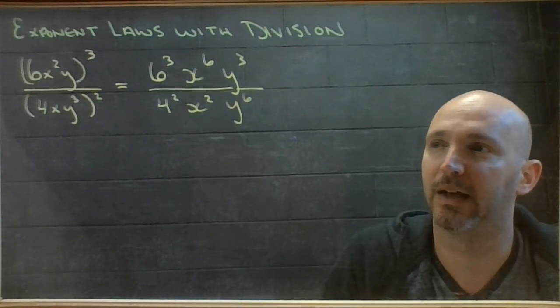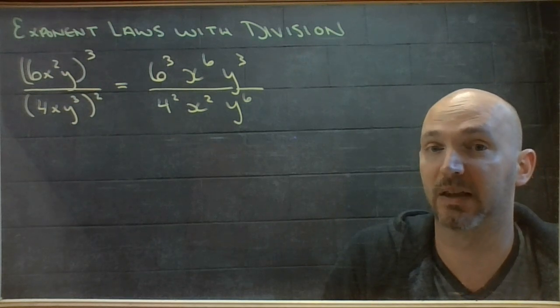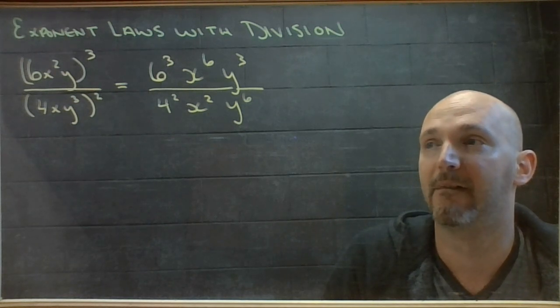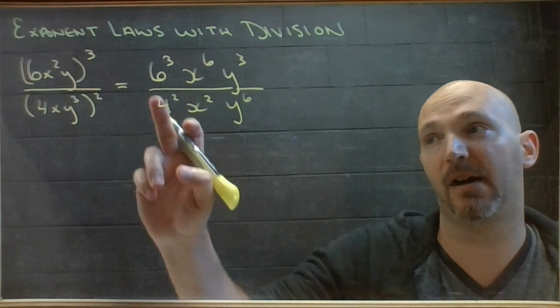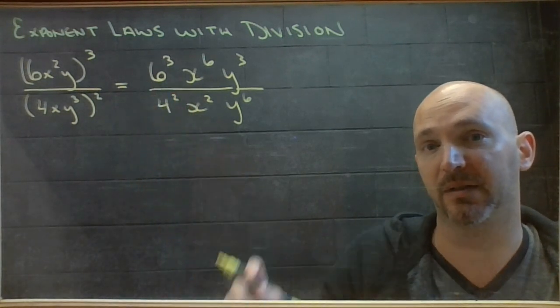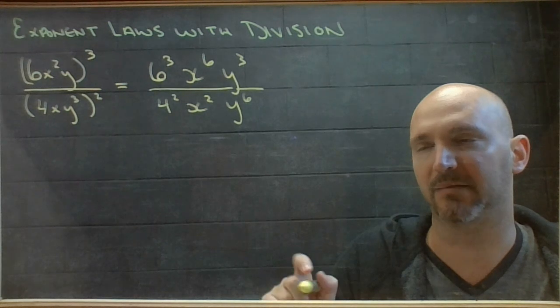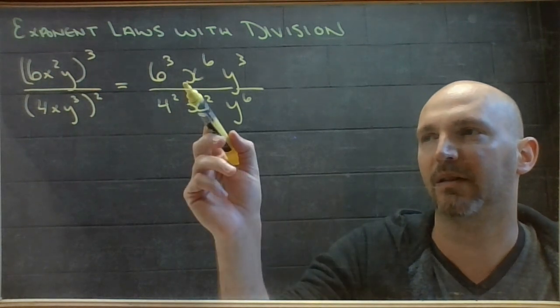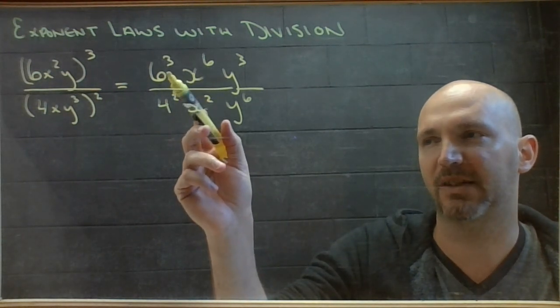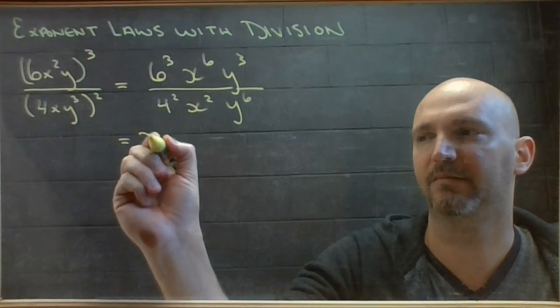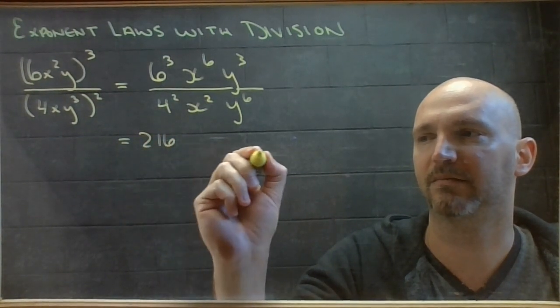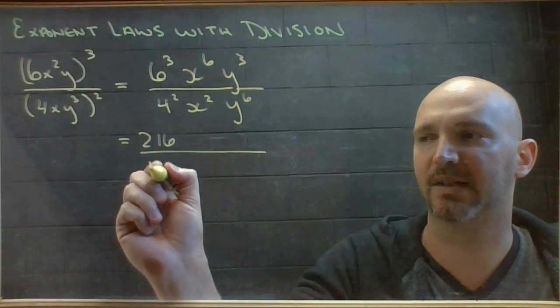All right, I have a mess of things to clean up here now. First off, I notice that both of these numbers are, well, actually skip that. We'll come back to that. 6 cubed is 216. 4 squared is 16.